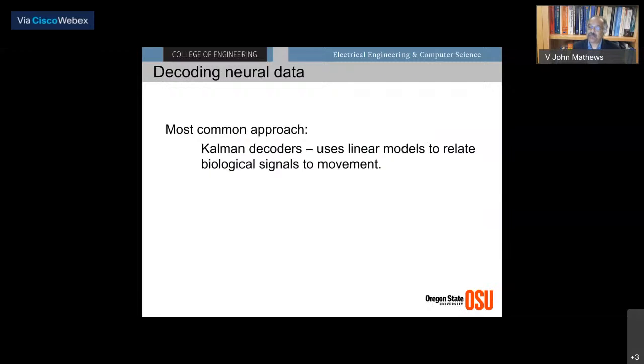In our experiments, sometimes we provided the human subjects with an actual prosthesis. In some experiments, we used a virtual prosthesis where the human could see a prosthetic device on a computer monitor and control that. I will show you experiments involving both of these things.